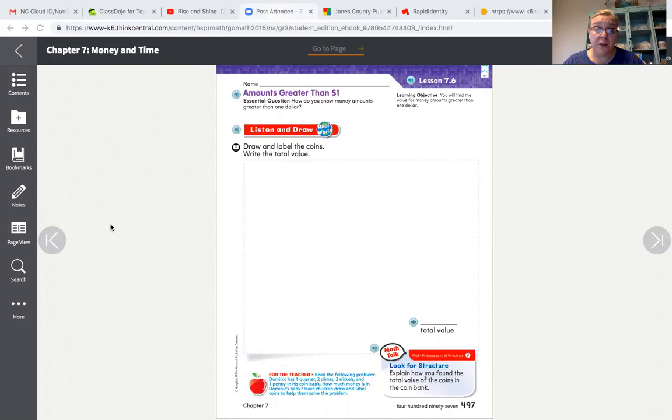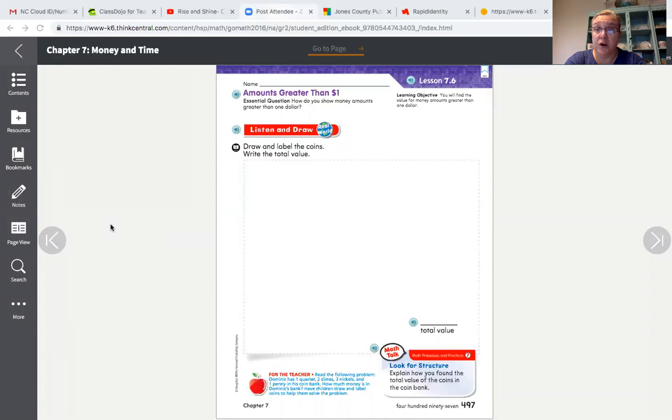Dominic has 1 quarter, 2 dimes, 3 nickels, and 1 penny in his coin bank. How much money is in his bank? You are to draw out the coins and then label the coins to help you solve the problem. So I'll tell you what it is again.